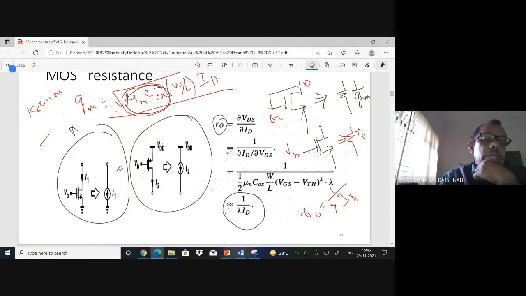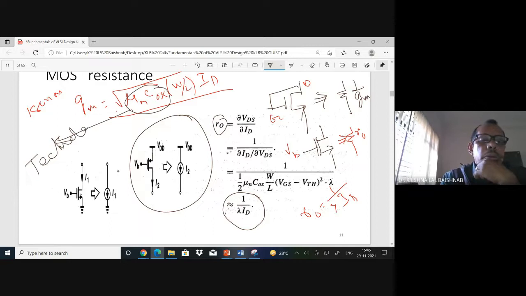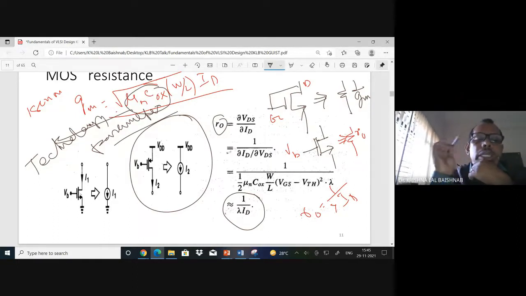So remember that some value will be there. This is called a technology parameter, and based on the technology the value will change. So what is with the designer? The designer controls W/L and ID.